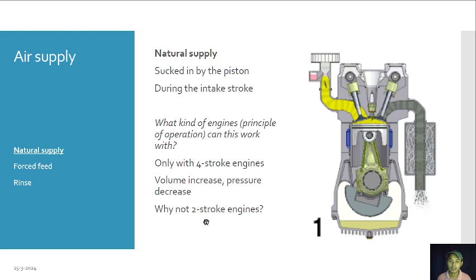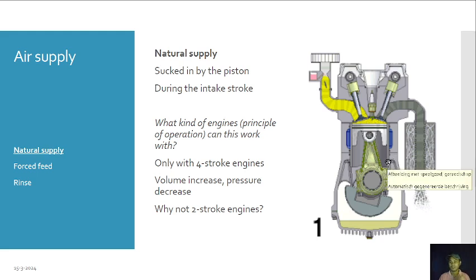So why not in a 2-stroke engine? Obviously because in a 2-stroke engine, intake happens when the piston goes down. It is not the intake stroke, it is the power stroke.